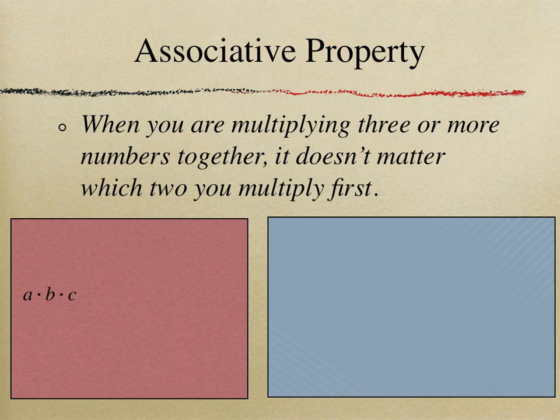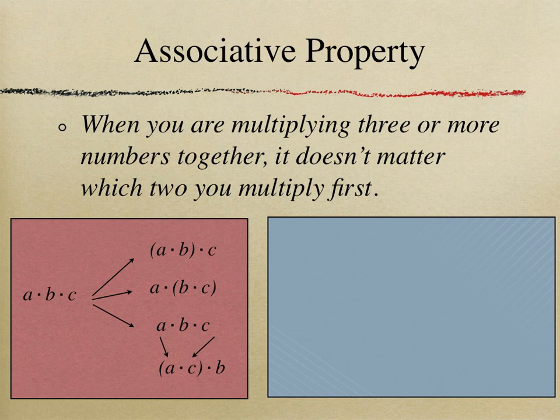In general, if we have 3 numbers, and this works for 4 or 5 or 10 or however many, a times b times c, it doesn't matter whether we multiply a and b together first and then multiply our answer by c, or multiply b and c together first and multiply our answer by a, or we could even do this thing where first we apply the commutative property.